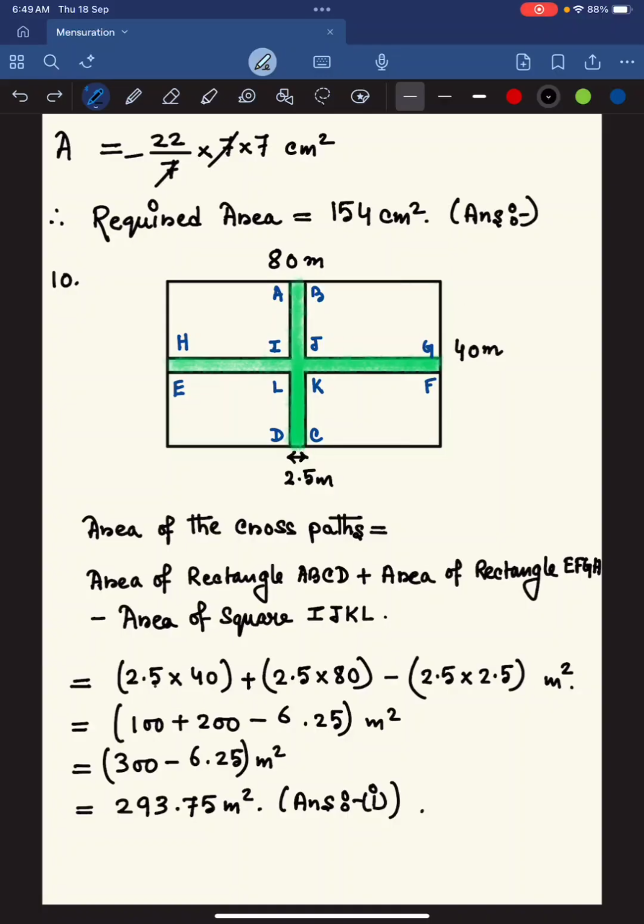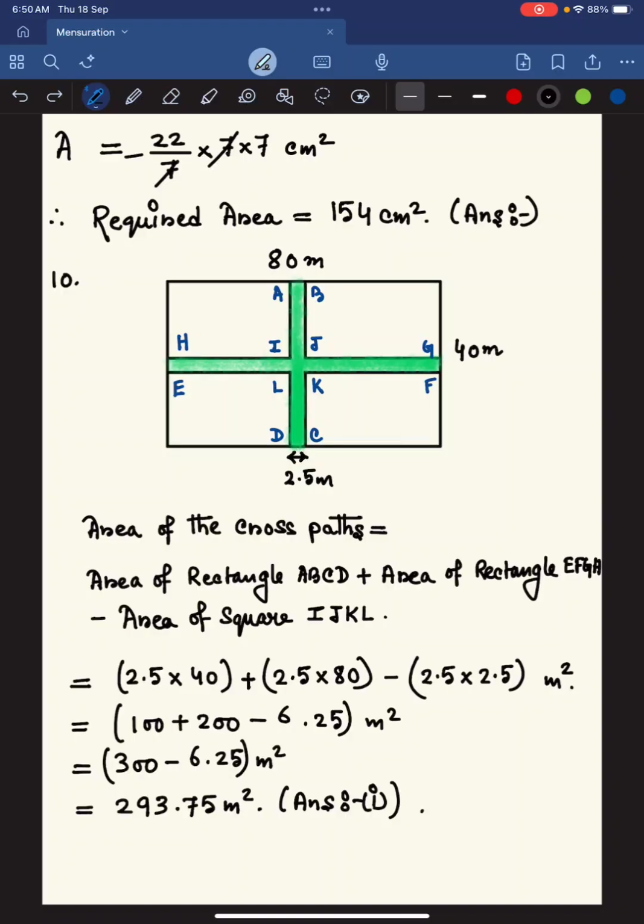So 2.5 into 40 plus the area of the rectangle EFGH, which is 2.5 meter and this entire length is 80 meter. So it will be 2.5 meter into 80 meter, minus the area of the square. This is 2.5, this is 2.5, this is 2.5, this is 2.5, right?